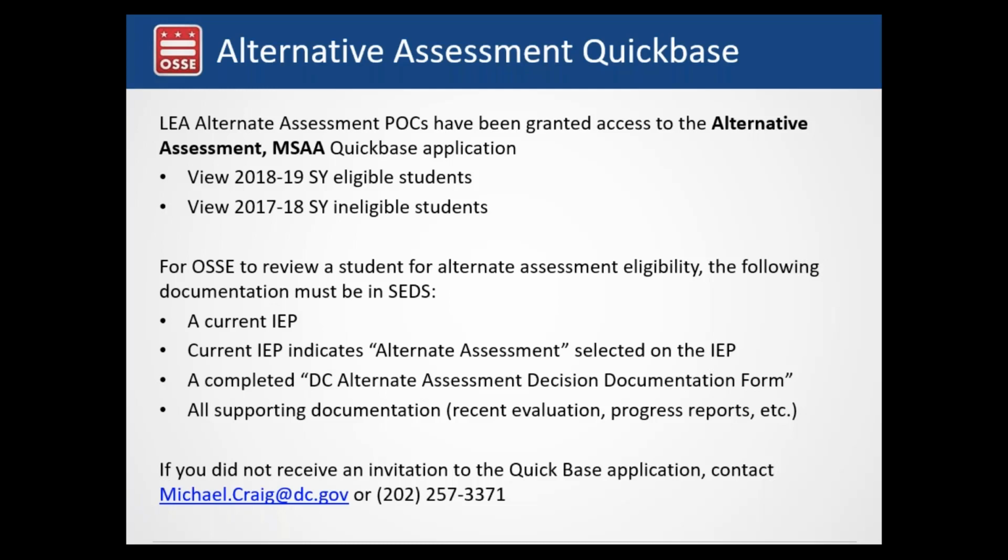We did share this information very briefly back in August, but today we have Michael Craig from our assessment team here at OSSE on the line to go through the process with you as a reminder. If you have additional questions after Michael is done presenting, you can definitely email him directly. You see his email on the slide right now. So Michael, I'll let you take the rest of the time as much as you need to go through these next couple slides, and then we'll wrap up.